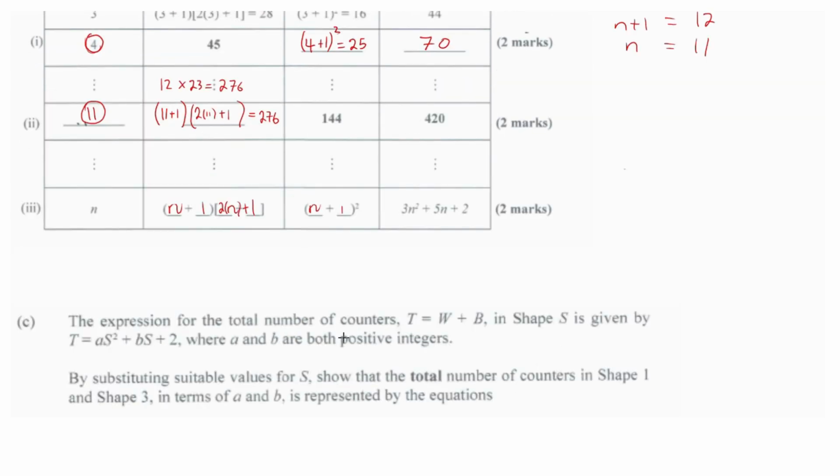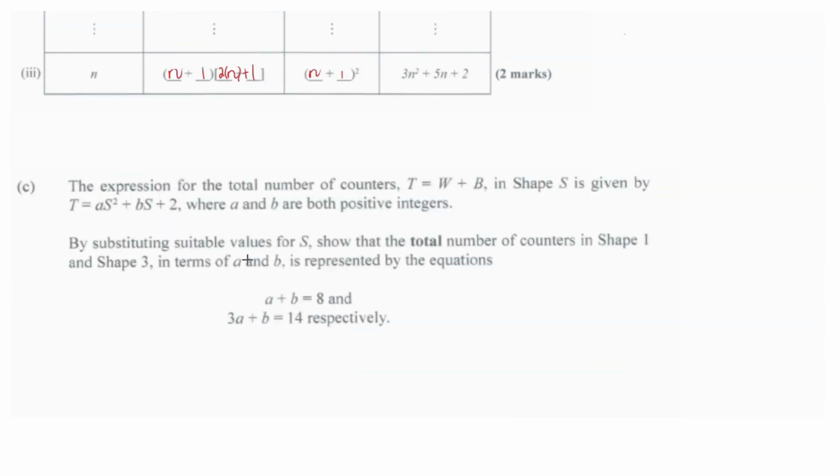The expression for the total number of counters t equals w plus b in shape s is given by t equals as squared plus bs plus 2, where a and b are both positive integers. By substituting suitable values for s, show that the total number of counters in shape 1 and shape 3 in terms of a and b is represented by the equations.